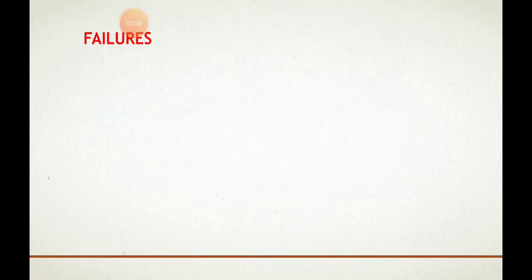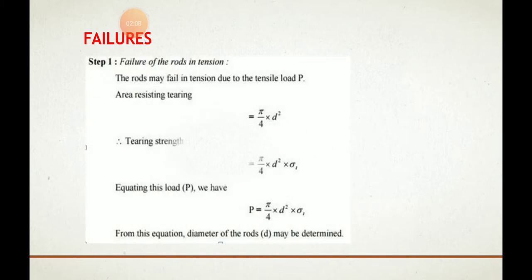Let us start with the failure of the quarter joint. First, failure of the rod in tension. As I told you, it is subjected to either tensile stress or compressive stress.